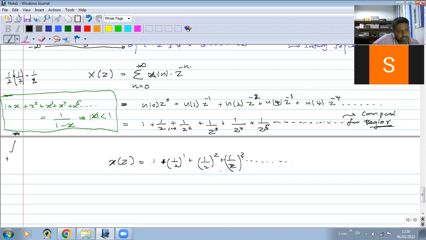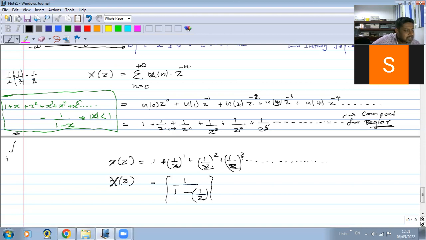If you have any doubt, you can ask me. But I think you are familiar with these things. So here it is 1, 1 by z, 1 by z squared, 1 by z cubed, and so on. I can write this as 1 by 1 minus x, that means 1 by 1 minus 1/z. So this is my X(z).